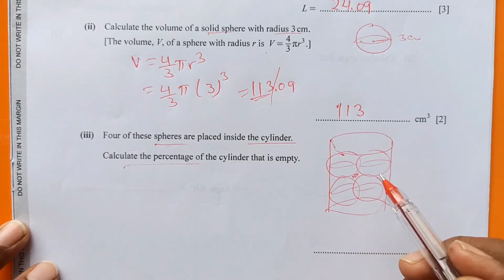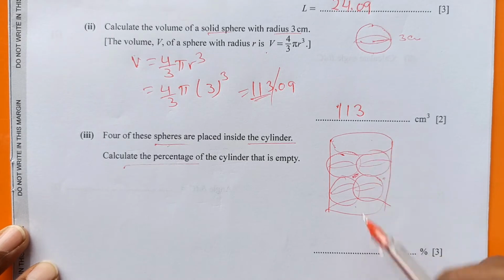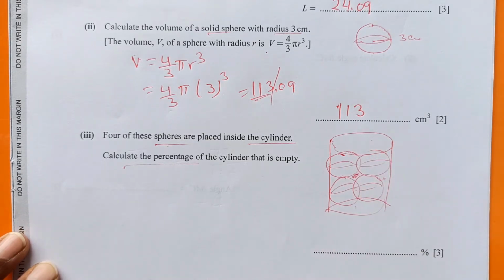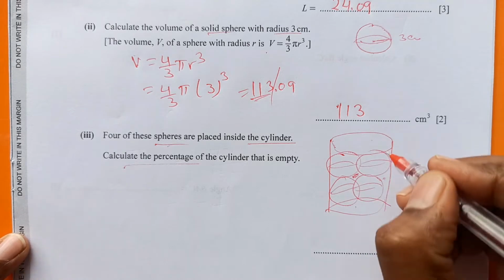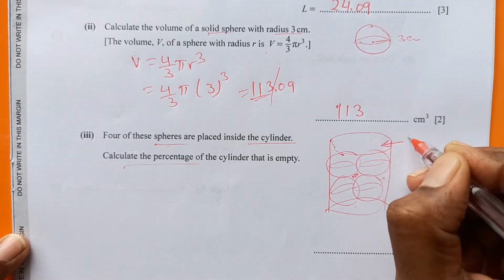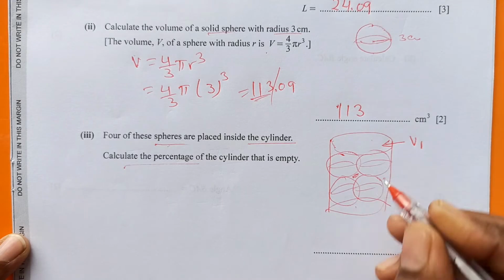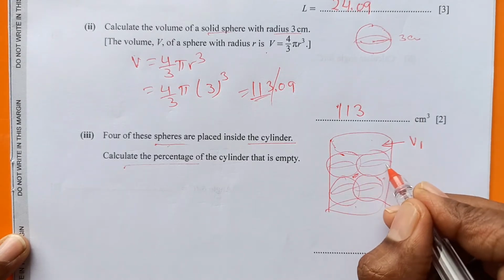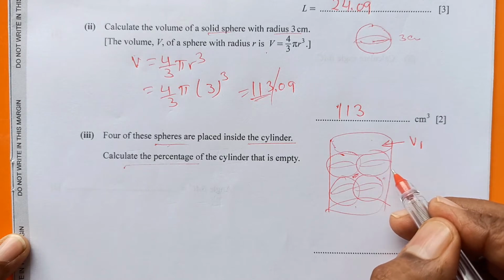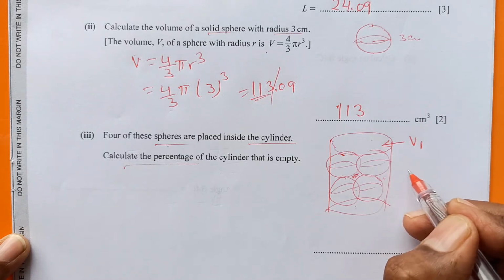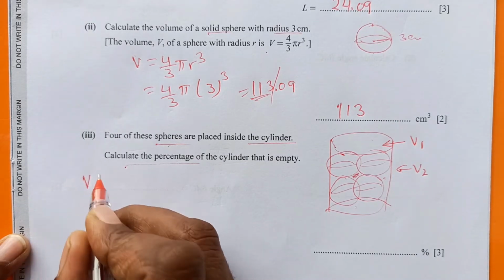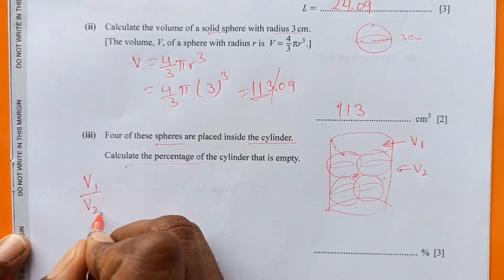So for that, we need to divide the volume of the 4 spheres and the cylinder. So let's say volume of the cylinder is V1 and volume of the 4 spheres is V2, right?